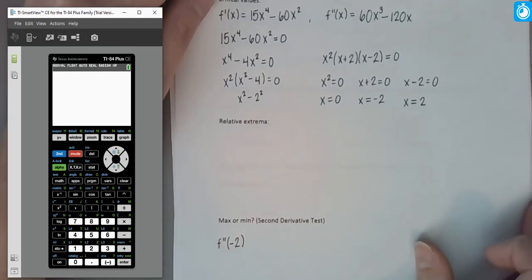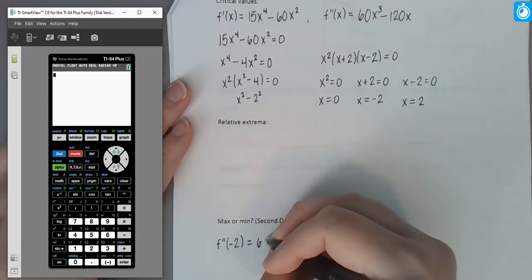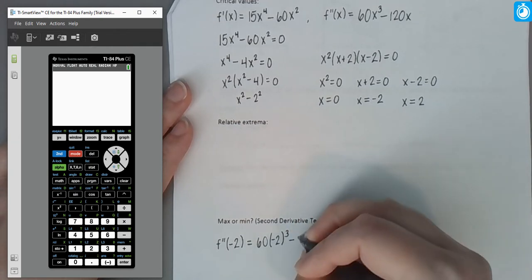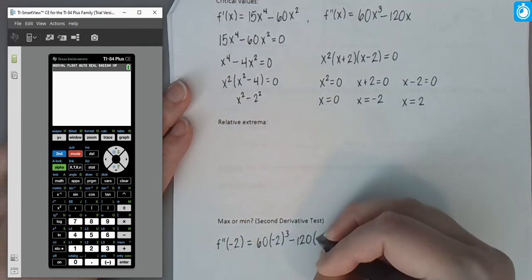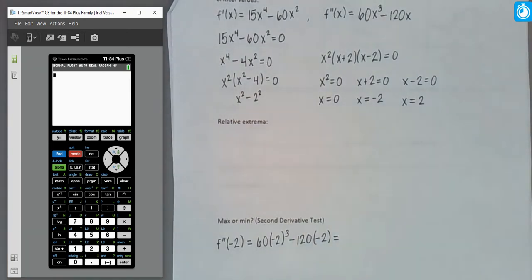Okay, so let's look at our second derivative. So that's going to be 60 times negative 2 cubed minus 120 times negative 2. Okay, and let's just evaluate this one by typing it in. So 60 times negative 2 raised to the third power minus 120 times negative 2.